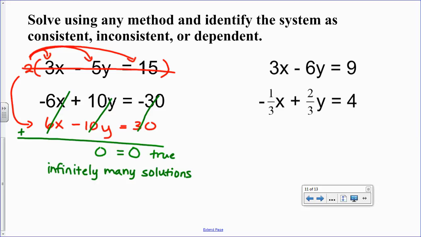Okay. So I want to label it as consistent, but then it's also dependent. Those lines would be coinciding lines, but that's not on our list that we have to use for these.